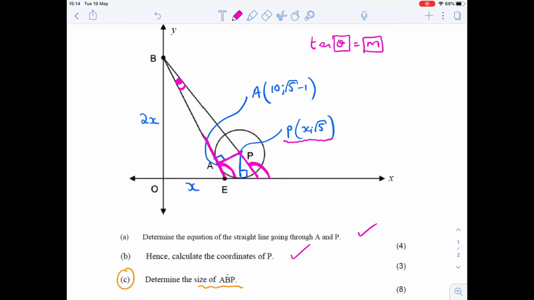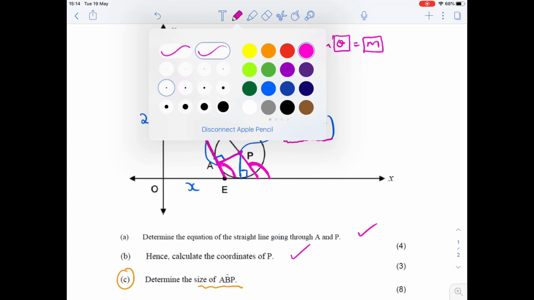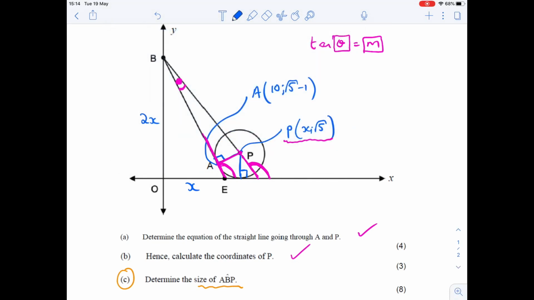I've got the exterior angle of a triangle equal to the two interior opposites. So this is my exterior angle, and it will be equal to that one there plus that one there. So if I'm looking for ABP, this one here, it's going to be the exterior angle minus this one here.